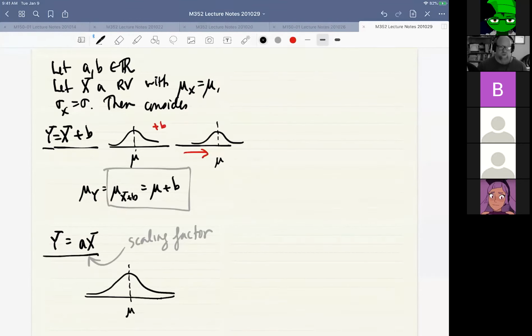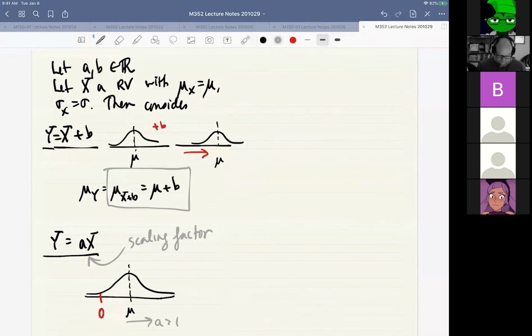So if I've got a distribution, I multiply the distribution by A, what's happening? Well, it kind of depends upon where 0 is. So let's put 0 there. And if I multiply everything by A, if A is bigger than 1, I'm stretching everything out upward. If A is less than 0, I'm flipping it around the origin. And if A is between 0 and 1, I'm compressing things.